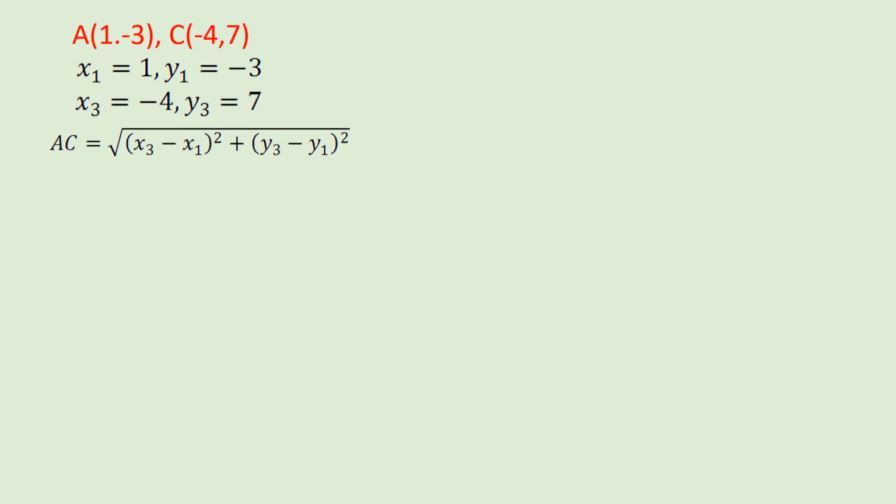Now we will begin to find the distance between point A and C. So x1 equals 1 and y1 equals -3 from point A. x3 equals -4, y3 equals 7 from point C. Therefore, by using the distance formula, AC equals root of (x3 minus x1) whole square plus (y3 minus y1) whole square, which is (-4 minus 1) whole square plus (7 minus of -3) whole square.